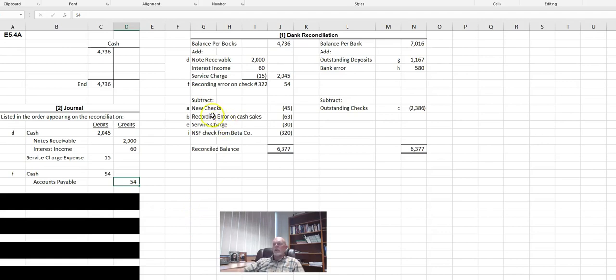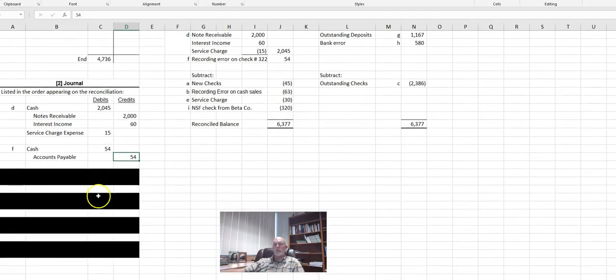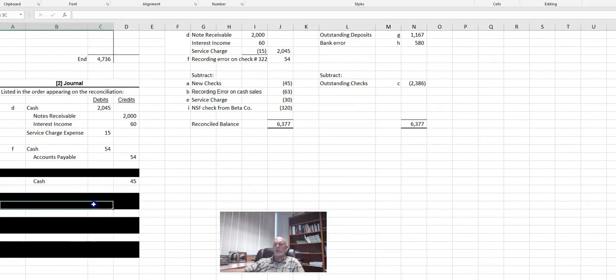Okay, so now we're moving down here into these items that we are subtracting from cash. So for each one of those, we know that anytime we subtract from cash, that's a credit to the cash account. So I'm just going to go ahead and record each of those.